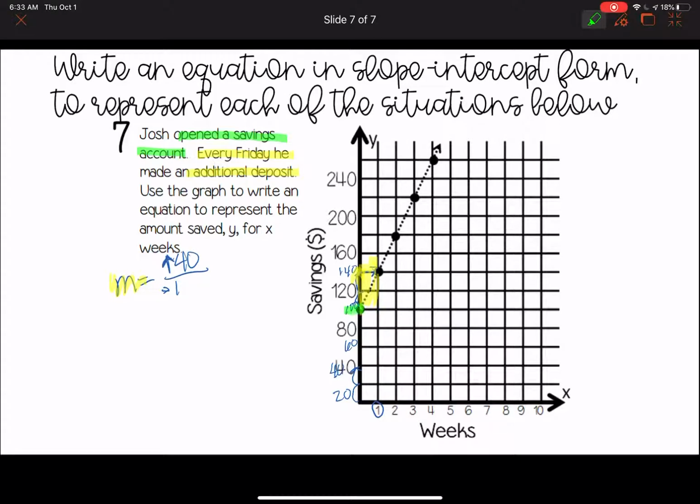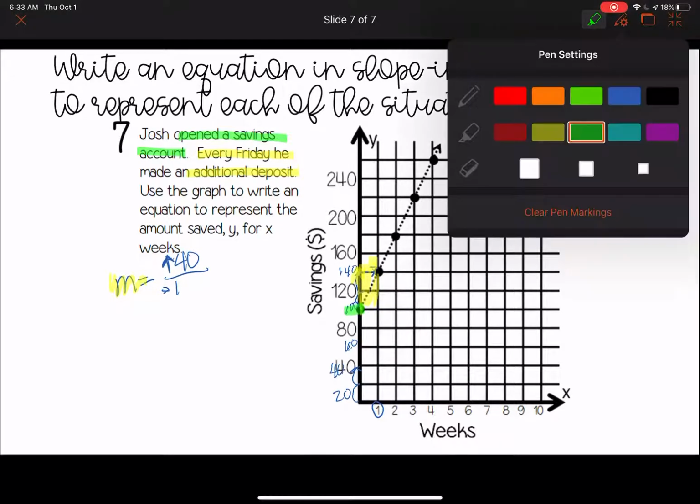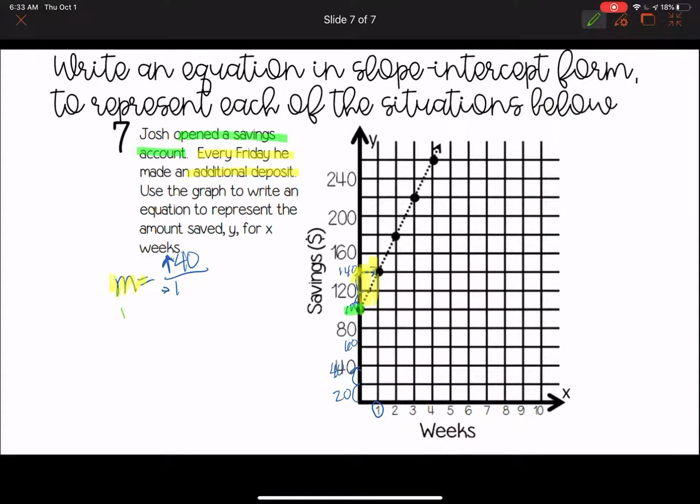That would be right here, your y-intercept, which is 100. So writing our equation then would be y equals 40x plus 100. And that would be your answer.